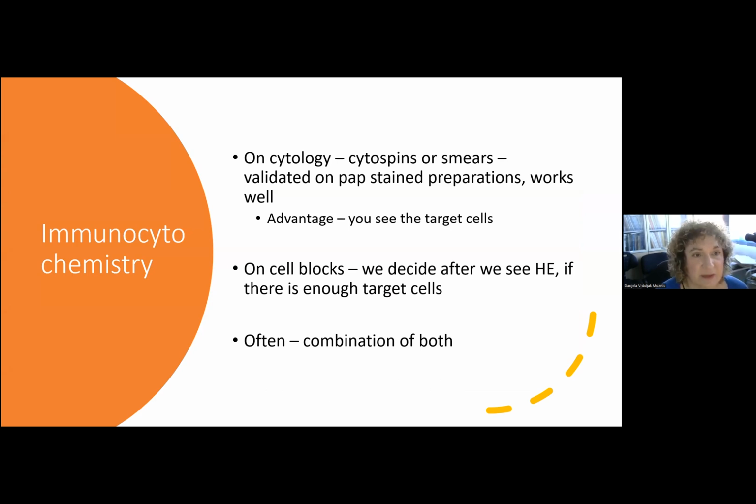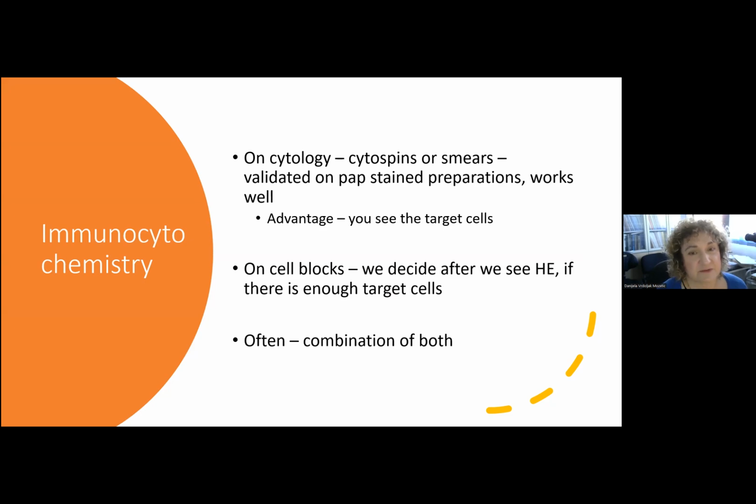We use immunocytochemistry on cytology, on cytospins or smears. But before using any antibody, we have to validate it on Pap stain preparations. It works well, but you need to validate each antibody. So why do we use Pap-stained preparations? Because we can select the slides with the target cells.